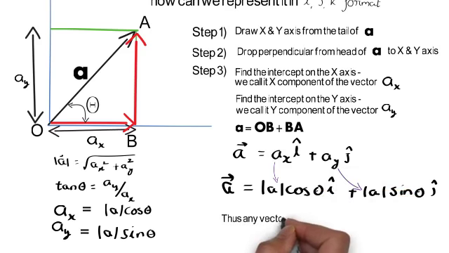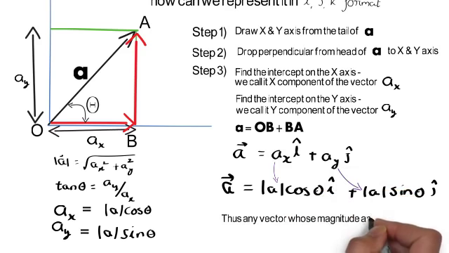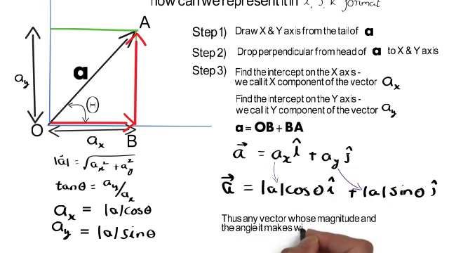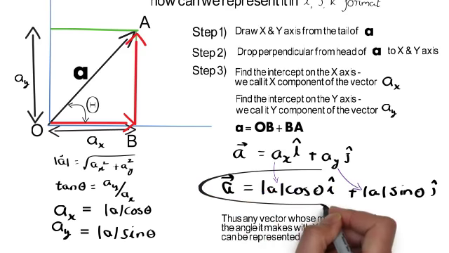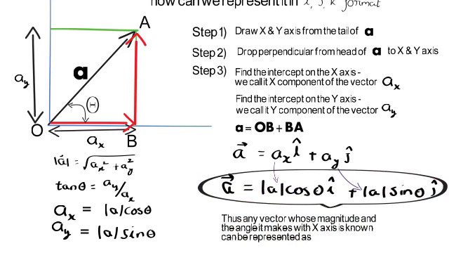Thus any vector whose magnitude and the angle it makes with the x-axis are known can be represented as vector A equal to A cos theta i cap plus A sin theta j cap.